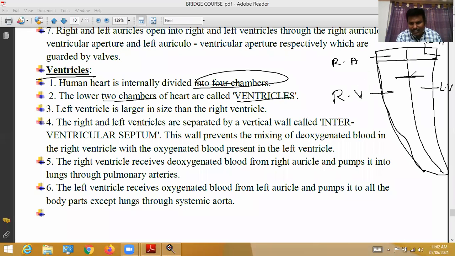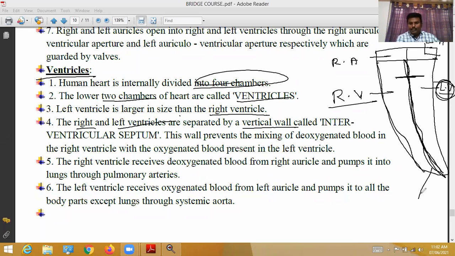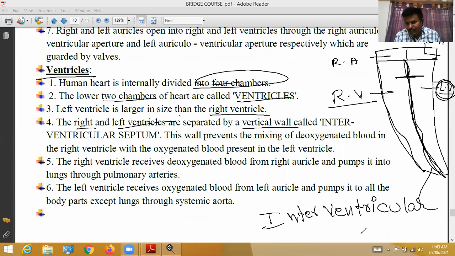The left ventricle is larger in size than the right ventricle. The right and left ventricles are separated by a vertical wall. Inter means middle, and this wall is present in between the ventricles, so it is called the interventricular septum.